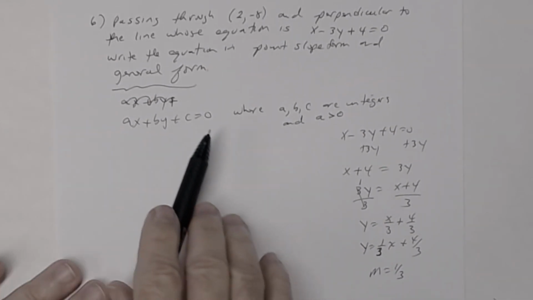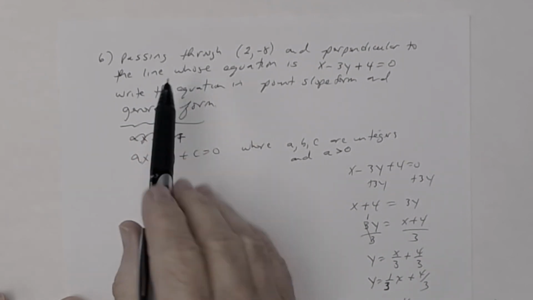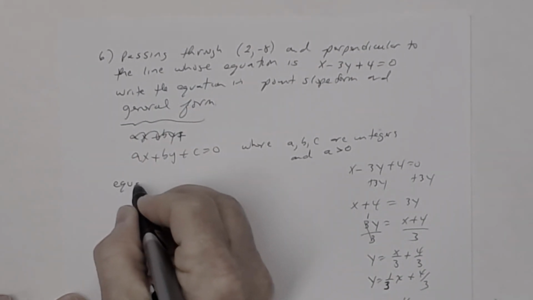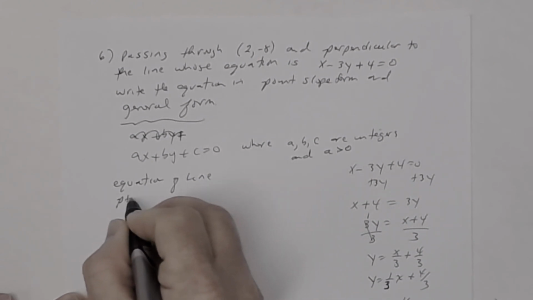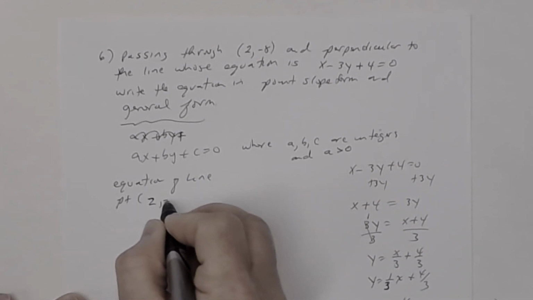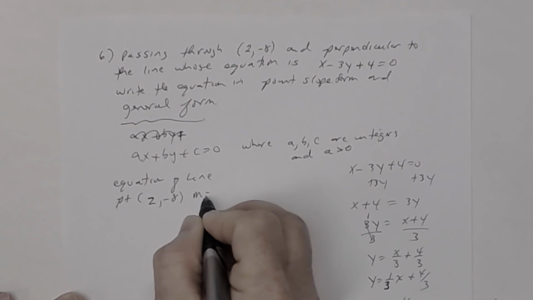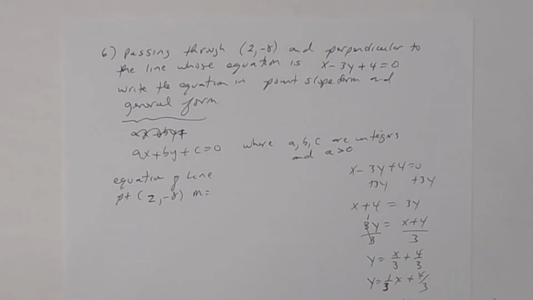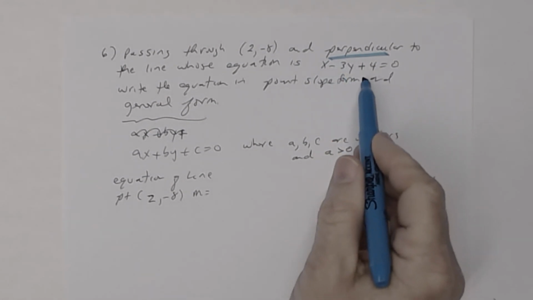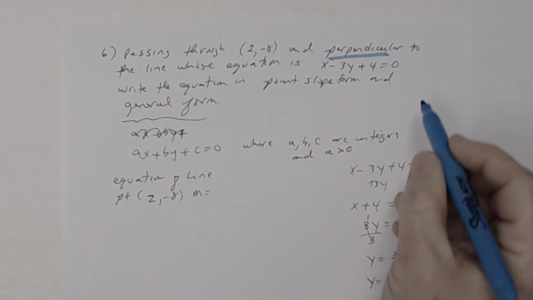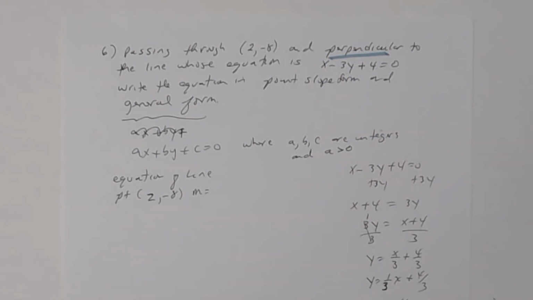And so therefore, we want to write the equation of the line that has the point (2, -8) and that has slope. Well, remember those two lines are perpendicular, and we just found the slope of that line to be 1/3.